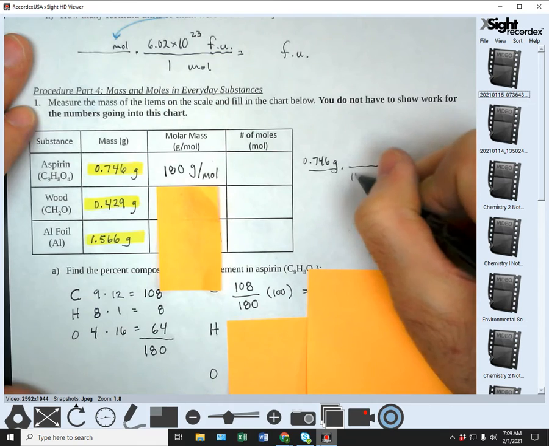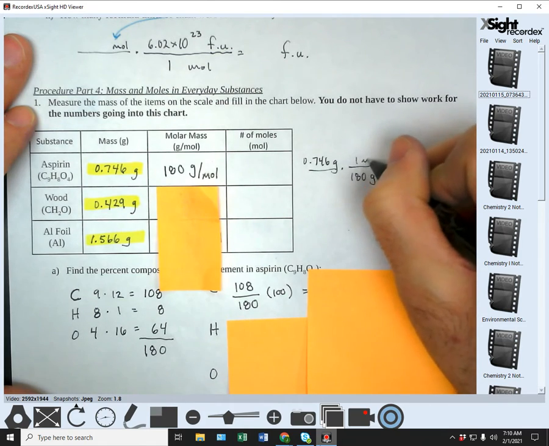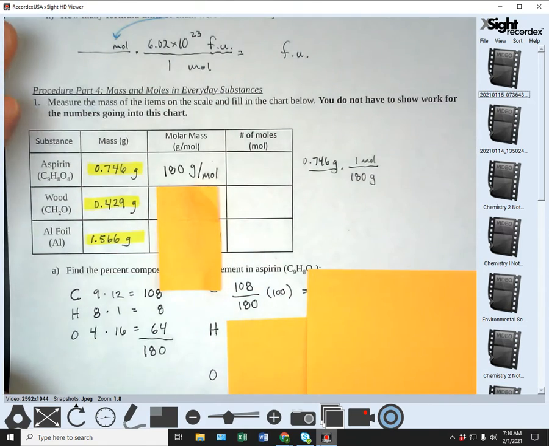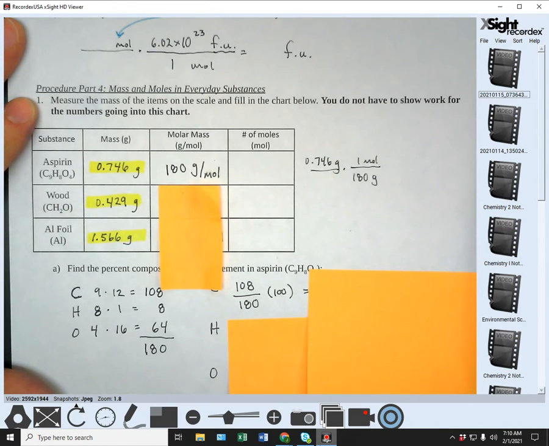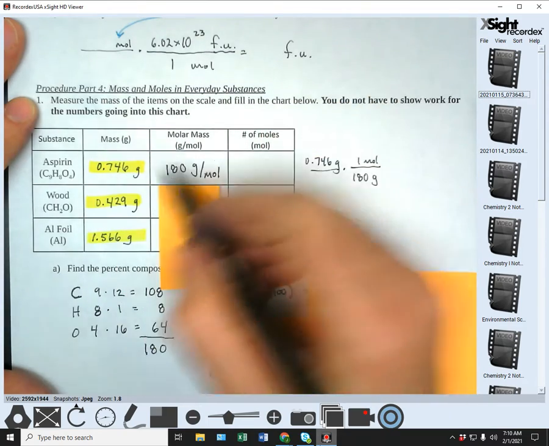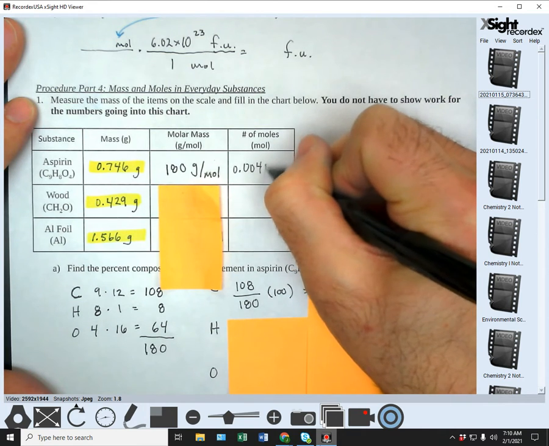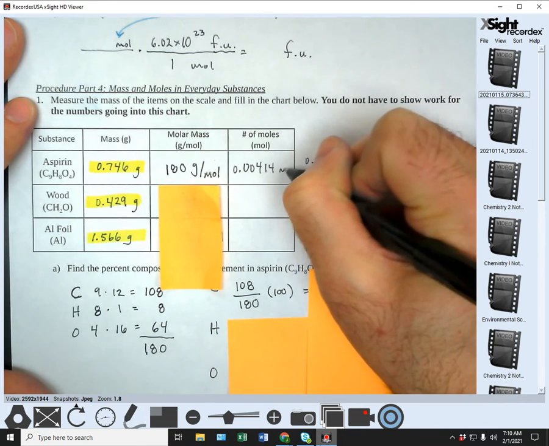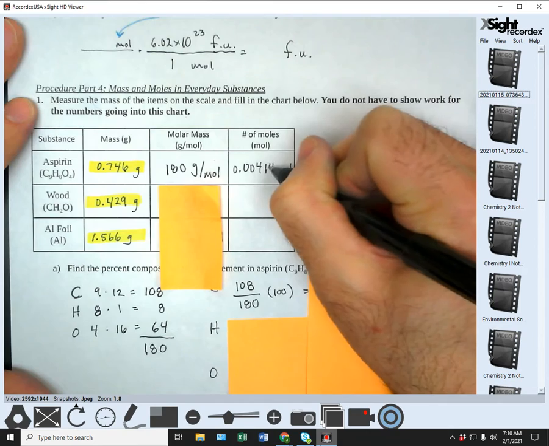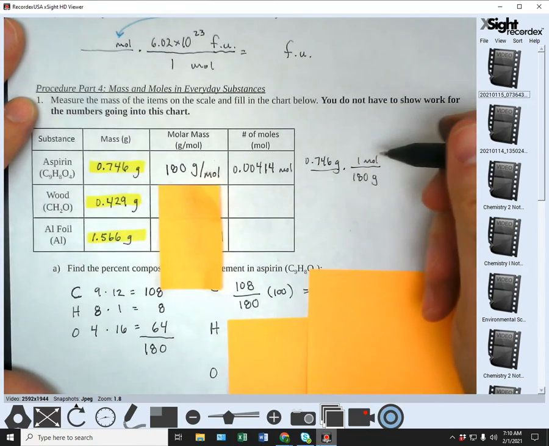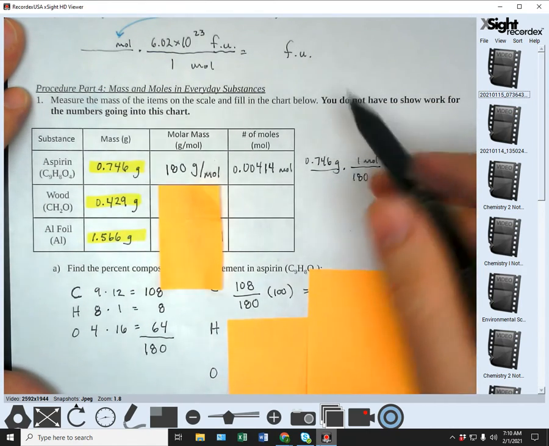And it's grams per mole. Okay, so if I do the number I have here, I get, now 3 significant figures, so mine's going to be 0.00414 moles.